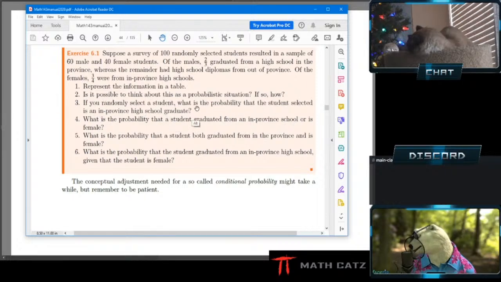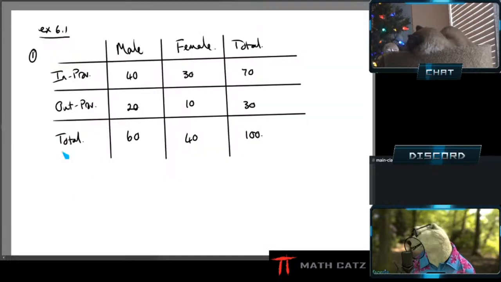Is it possible to think of this as a probabilistic situation? So a situation where it's a probability question. If so, how? Absolutely I can. Yes.